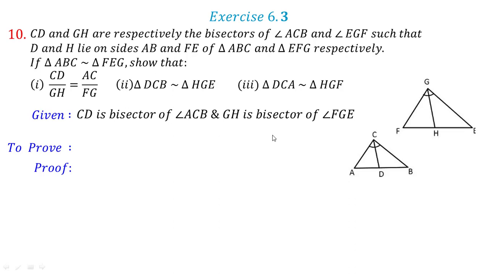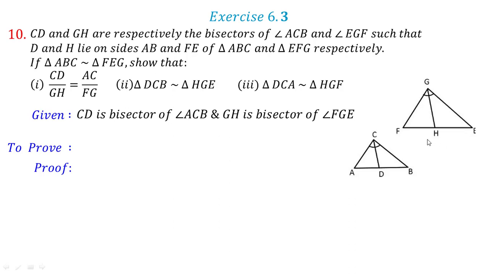Now the 10th problem. What is given is that CD and GH are respectively the bisectors of angle ACB and angle EGF, such that D and H lie on the sides AB and EF of triangles ABC and EFG respectively.